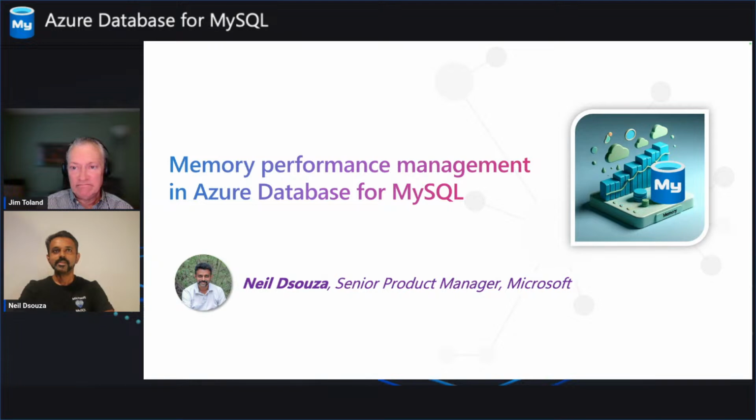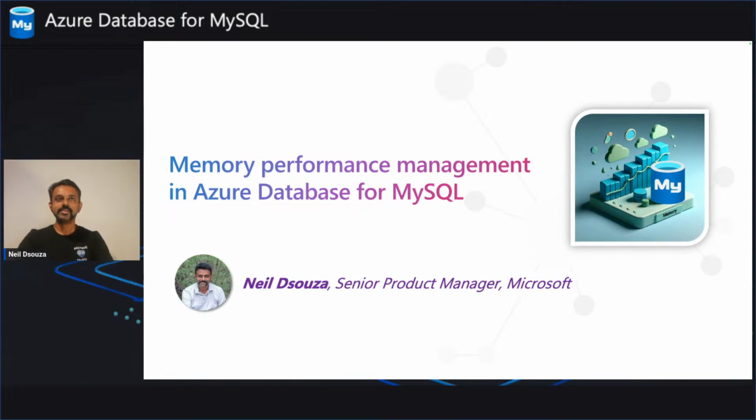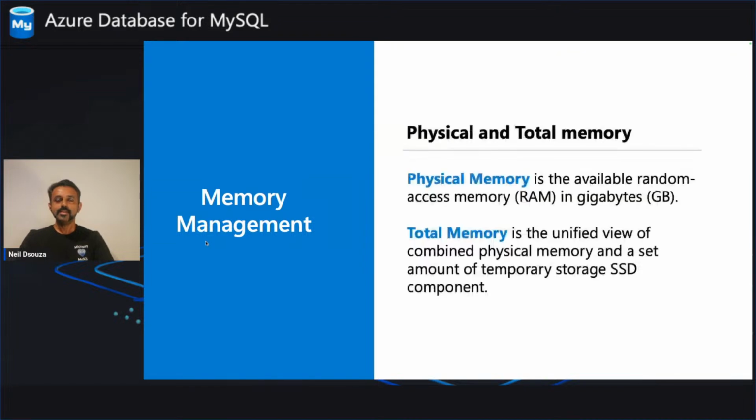Thank you, Jim. So to start with, let's go to the first slide. Here we are talking about memory management a little bit. When you create an Azure Database for MySQL flexible server, you get a specific set of physical memory with the compute SKU that you pick. For instance, if you pick 2 vCores, you will get 8 GB memory in the general purpose tier.